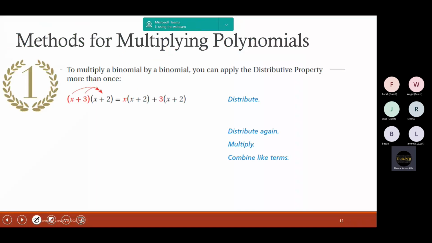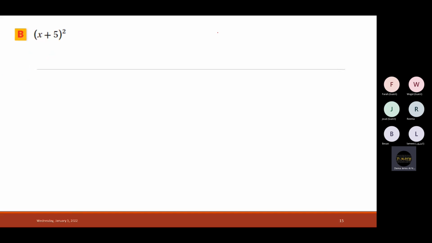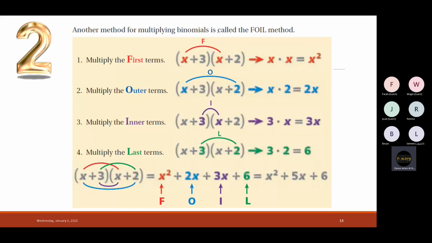We stopped here. Now today we're going to learn how to multiply two or more terms in a polynomial. In order to multiply polynomials, we have four methods. The first is the distributive property. The second is the FOIL method, where F is first, O is outer, I is inner, L is last.